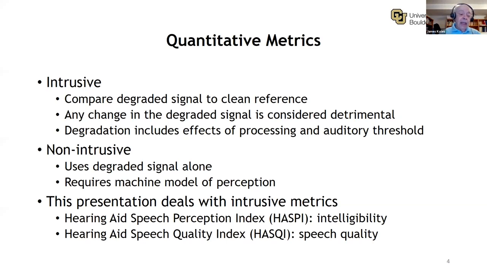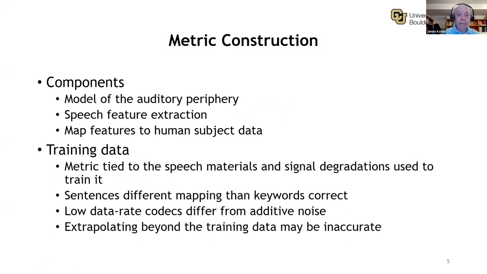And I'm going to use the work that we've been doing in Boulder as examples of how a metric can be put together and how metrics can be used. My work has been on the hearing aid speech perception index, HASPI, which is an intelligibility metric, and the hearing aid speech quality index, HASQI, which, as the name tells us, is a speech quality metric.